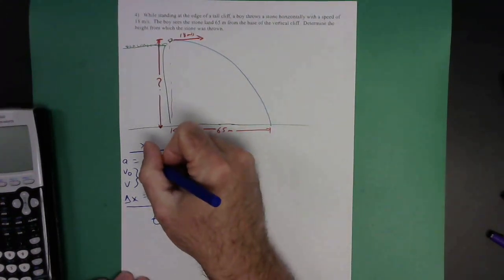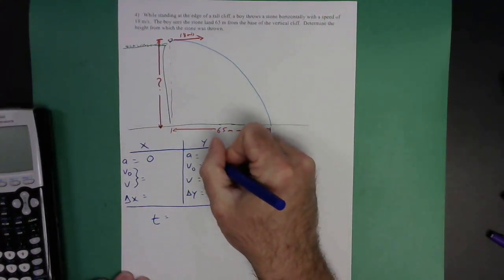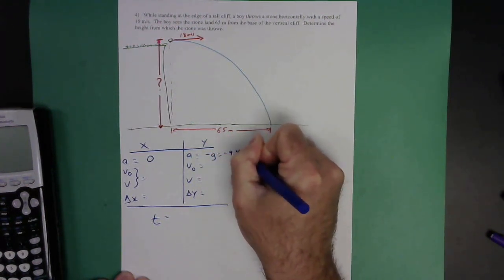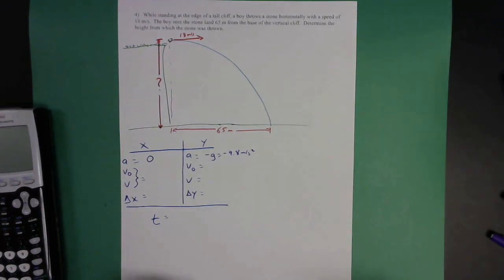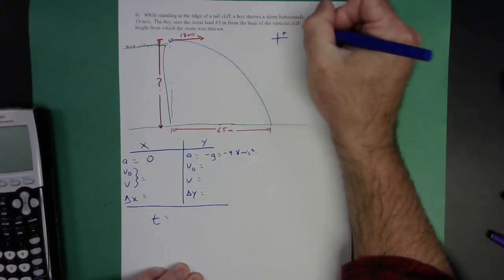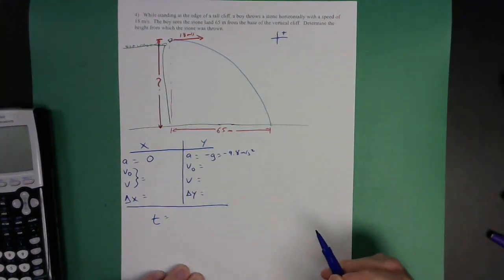You say the acceleration in the x for every projectile problem is 0. The acceleration in the y for every projectile problem is negative g, that's negative 9.8 meters per second squared near the surface of the Earth, assuming I'm calling up positive and down negative. I'm going to label my coordinate axes there.